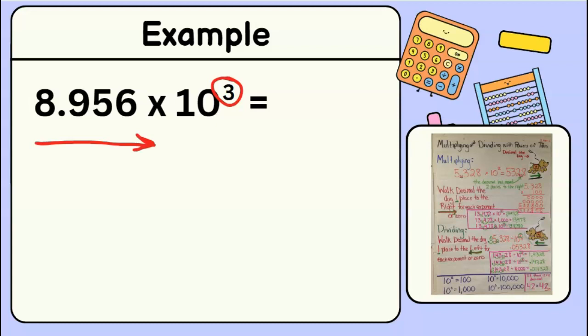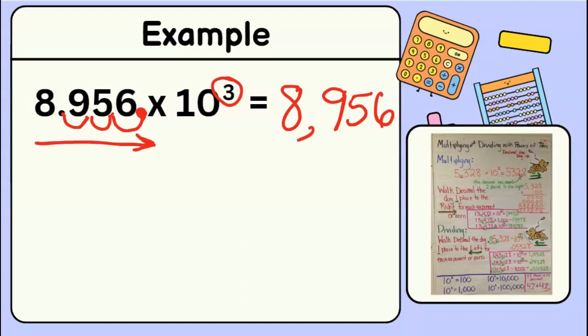So that means that I'm going to start at my decimal point and I'm going to jump 3 spaces. 1, 2, 3. Wherever I land is where my decimal point's new place is going to be. So the product of 8.956 times 10 to the 3rd is 8,956.